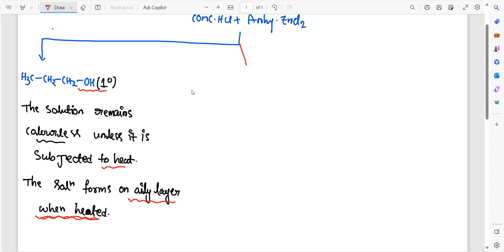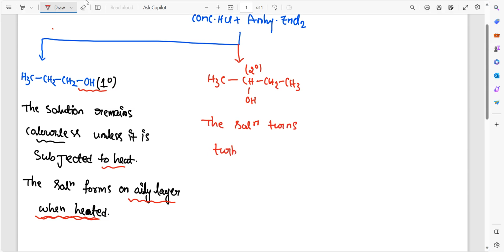Now let us try to understand the secondary alcohols. How does Lucas reagent react with the secondary alcohols? For example, CH3 bond CH bond CH2 bond CH3 bond OH. Here we consider that this is a secondary alcohol.